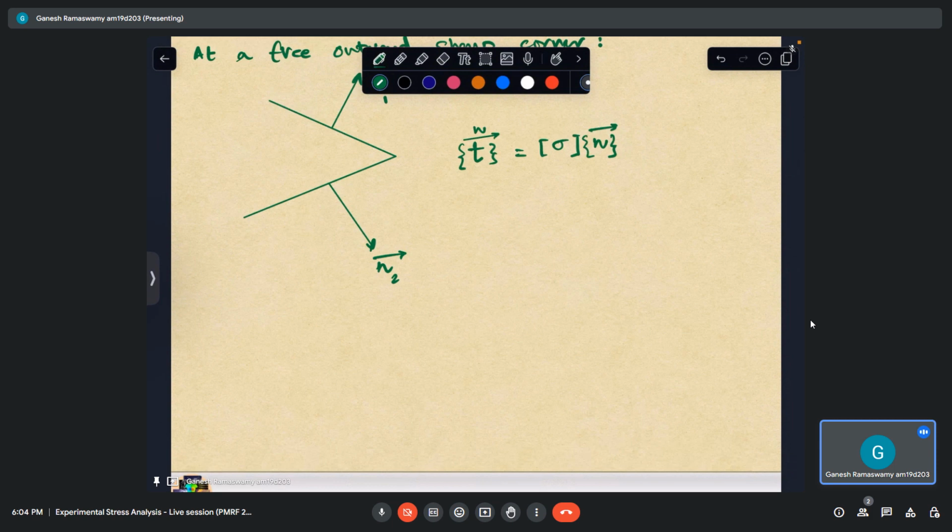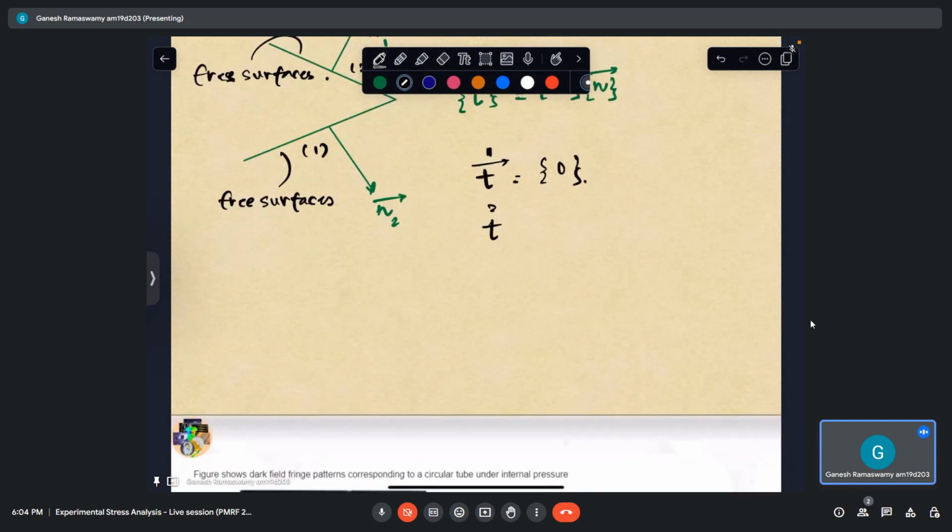So this we know. Now let us say that these are free surfaces, and this is a free surface. So for surface number 1 and for surface number 2, traction at surface 1 is actually a 0 vector.